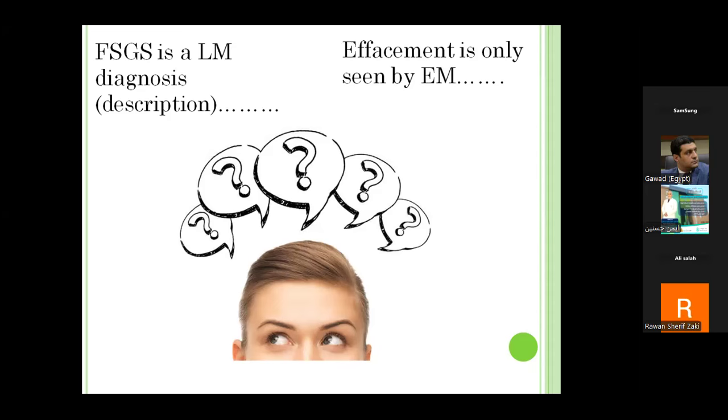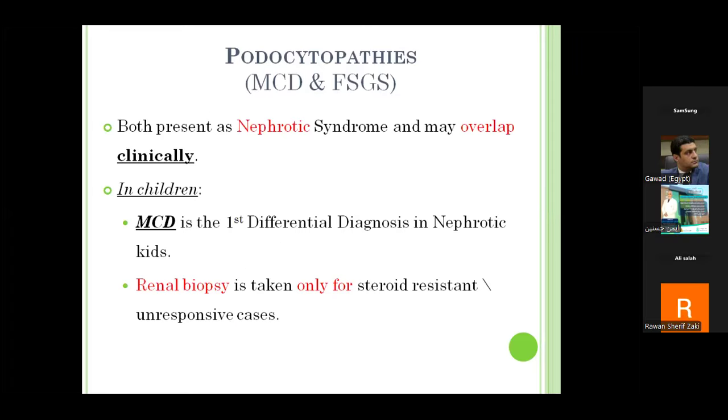But on the other hand, we said that effacement is only seen by electron microscope and that effacement is diagnostic for podocytopathies. So, which is the right concept? Is focal segmental a light microscopic diagnosis, or do we have to do electron microscopy to diagnose it?